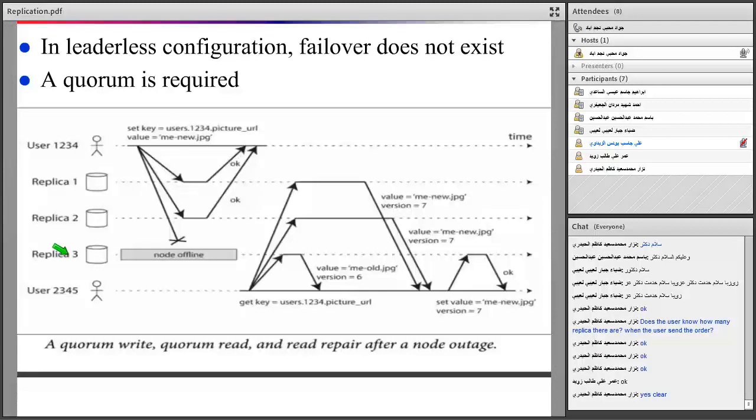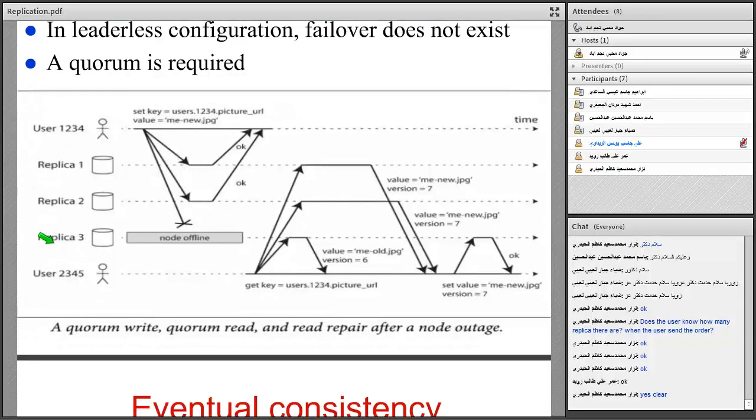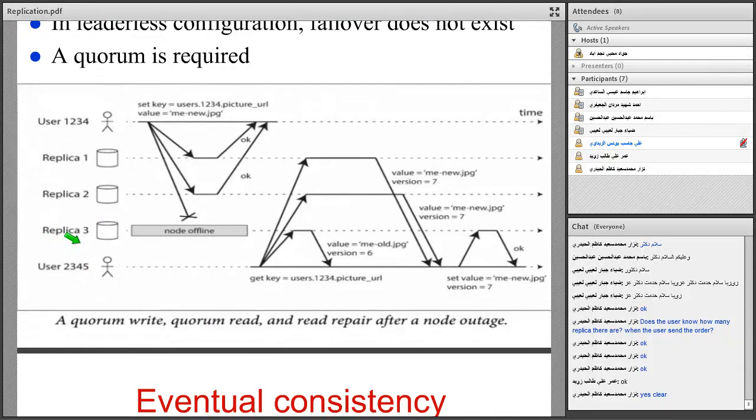In this technique, we need quorum. Quorum for write and quorum for read, which is called quorum write and quorum read. In this example, the quorum for write and read is 2, because the number of replicas is 3, and we want to get the latest information.